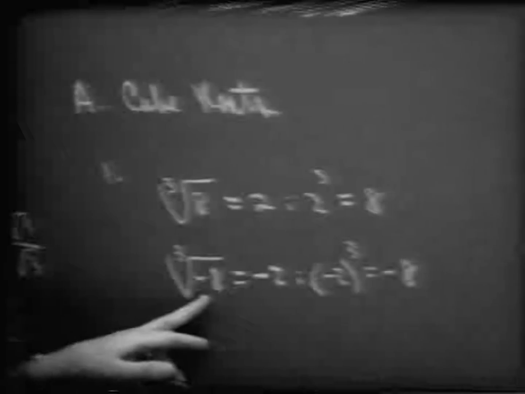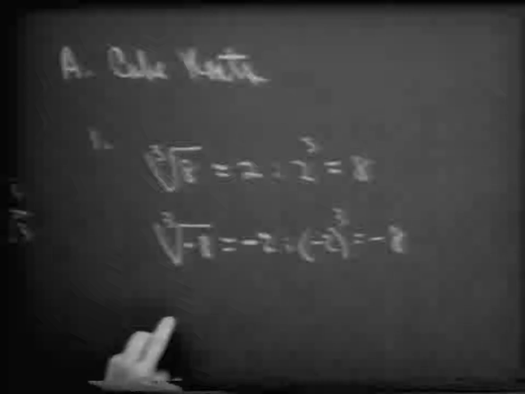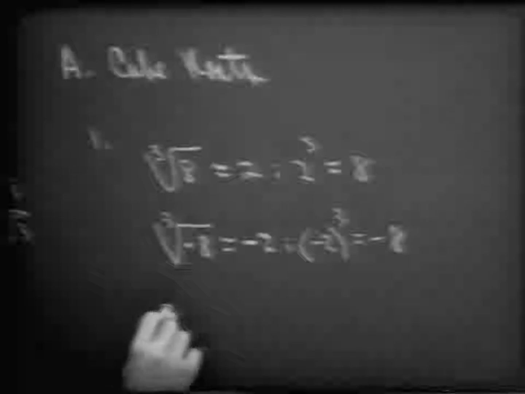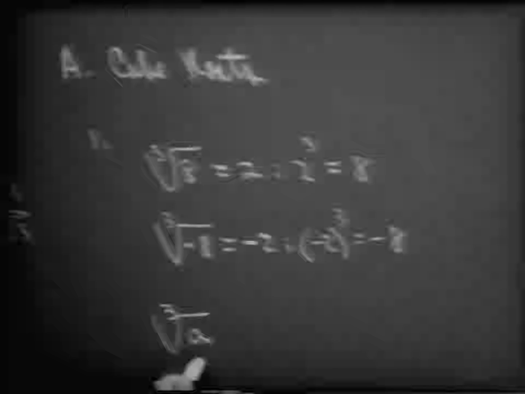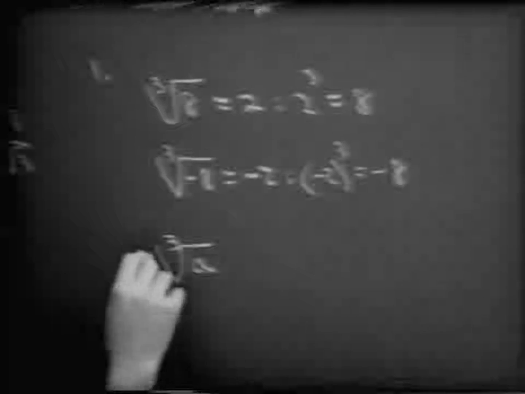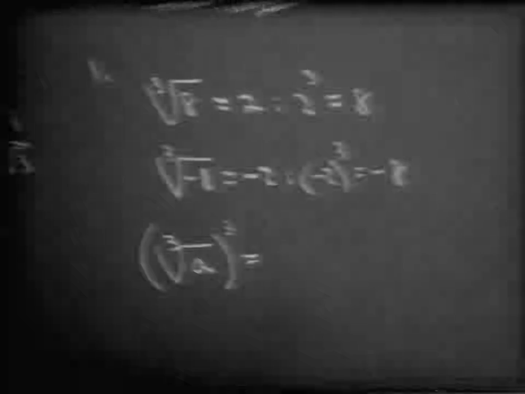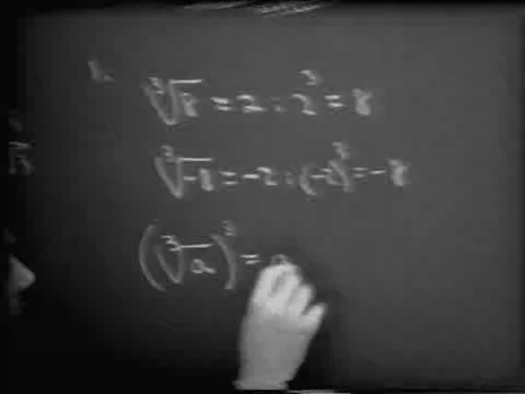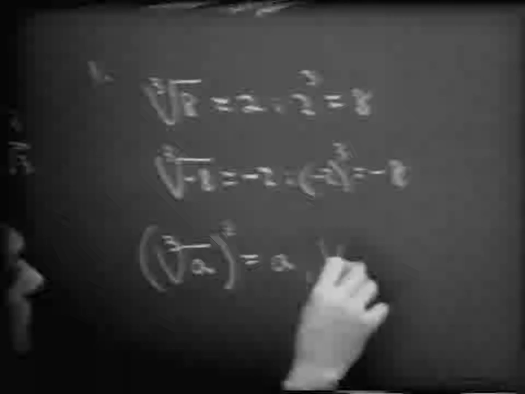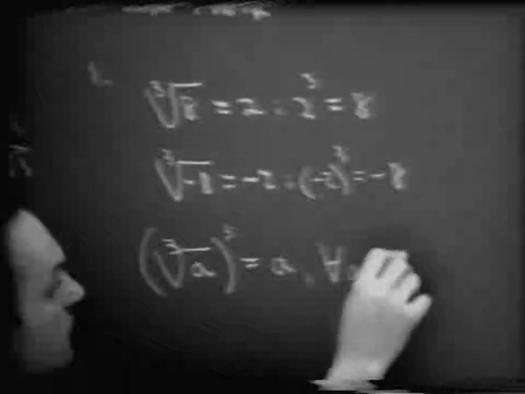Is that right? Okay. And now, do you think this is true? What do you think we might say about, well, say the cube root of A cubed? Is equal to what? Is equal to A. And is this true for every real number A, for every A in the set of real numbers?